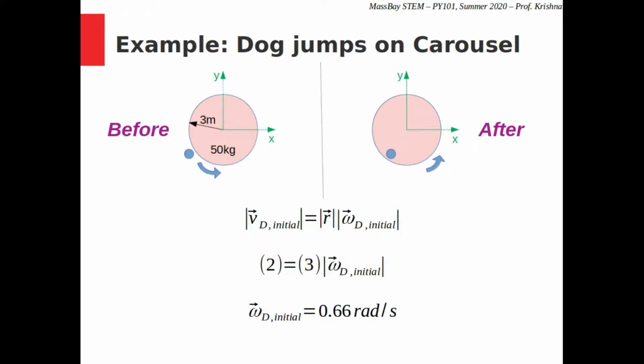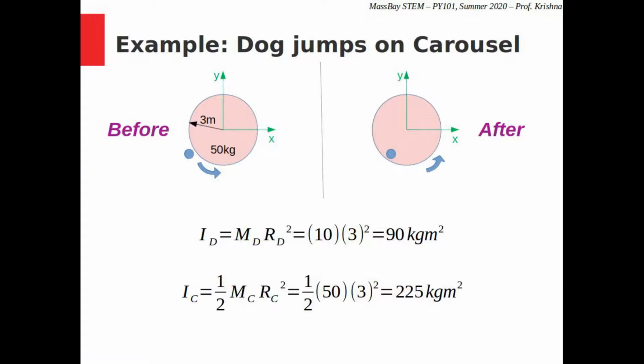The dog was running around the outside rim of the carousel at 2 meters a second. We can calculate its angular velocity by dividing v by r. That gives us an angular velocity of 0.66 radians per second, and since the motion was counterclockwise, we consider this as being positive.